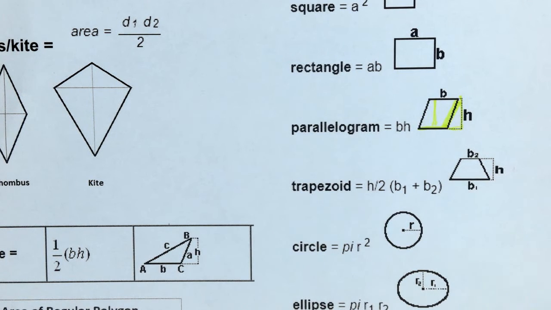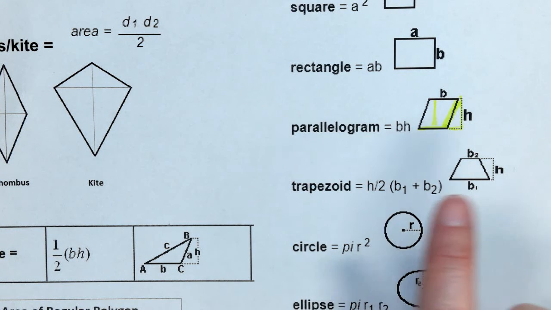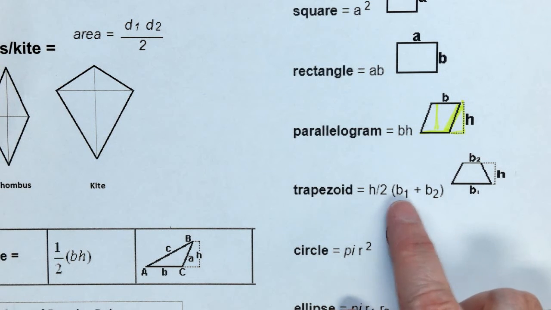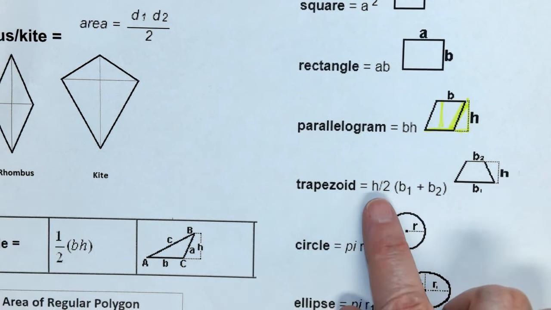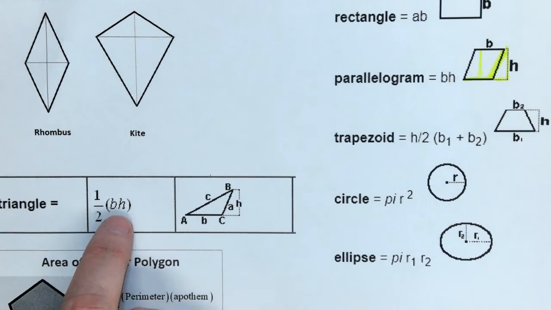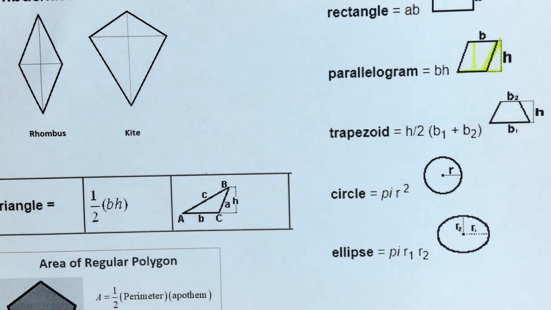Okay? Now, some of the new ones that you might not have known is trapezoid. Maybe you did, but you add the bases here and then multiply by the height and half it. So it's very similar to this formula, because remember, we talked about several different times now that triangles and trapezoids are very similar, because it's like you cut the pointy end off of a triangle to get a trapezoid.